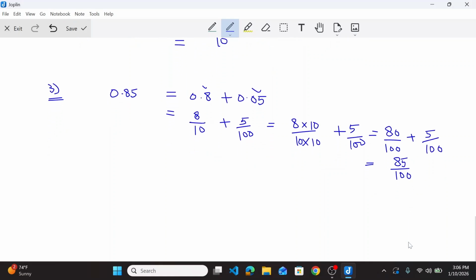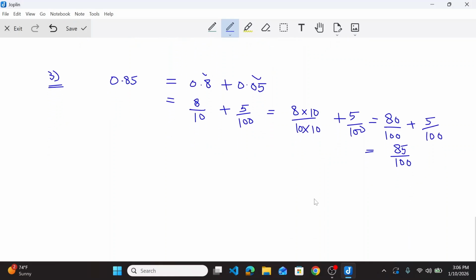So now it's in the fraction form. What's the HCF of this? Let's find it. 85 can be written as 5 into 17, and 100 can be written as 2 into 2 into 5 into 5.